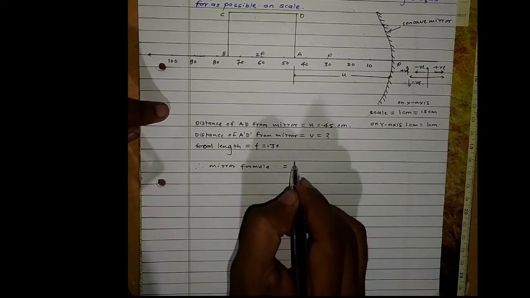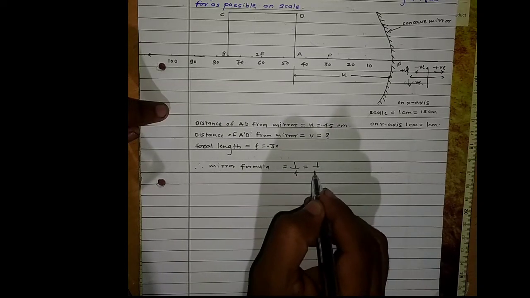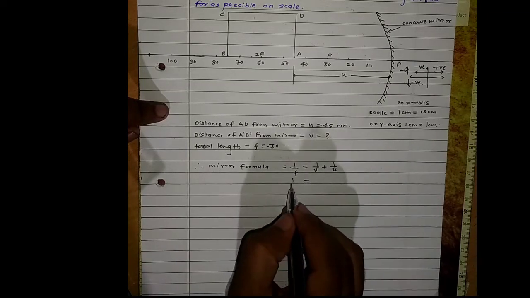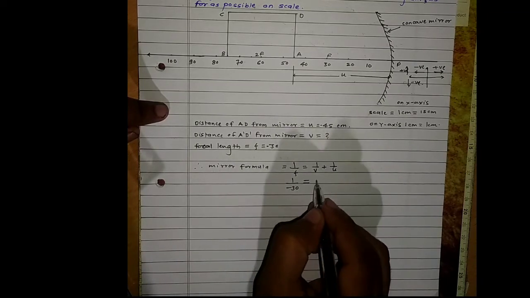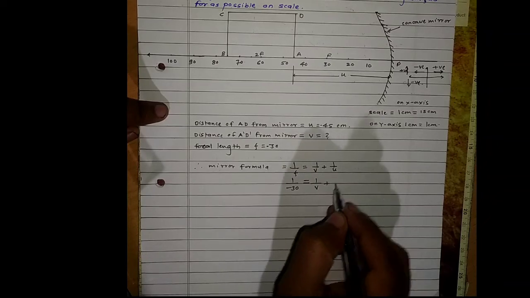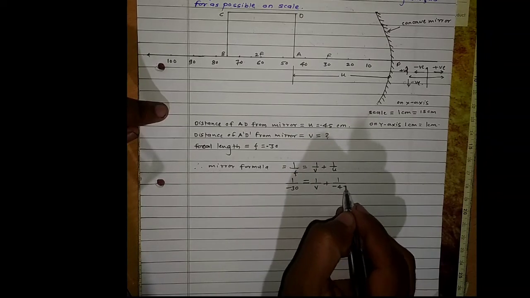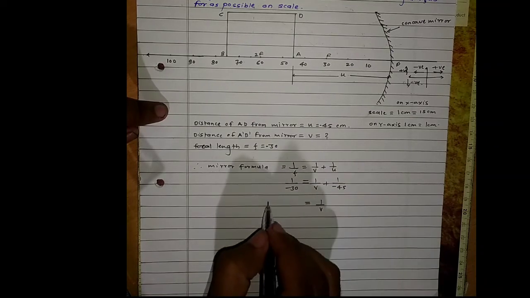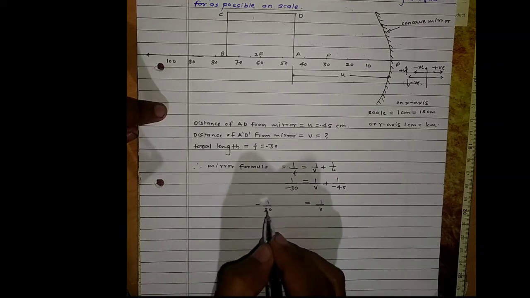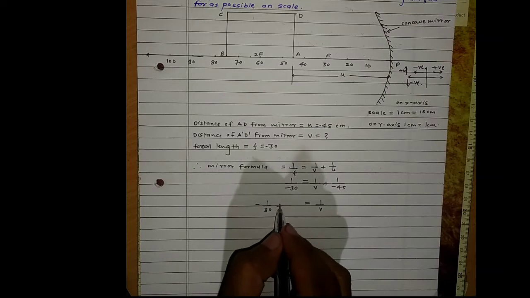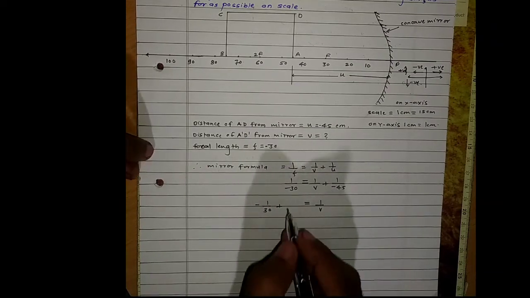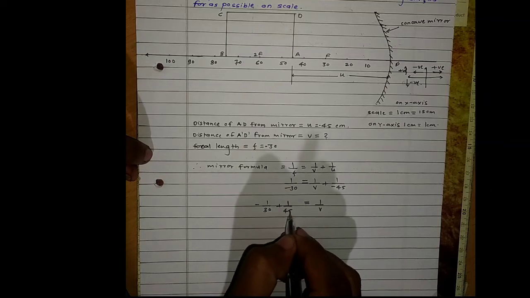We have the mirror formula: 1 upon f is equal to 1 upon v plus 1 upon u. So put all the values. f is minus 30, 1 upon v we don't know, and 1 upon u is minus 45. Let's keep v as it is, then 1 upon minus 30, or minus 1 upon 30, is equal to 1 upon v minus 1 upon 45. When it comes to the left side, it will become plus 1 upon 45.